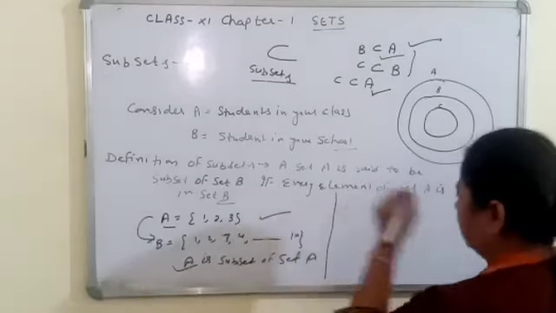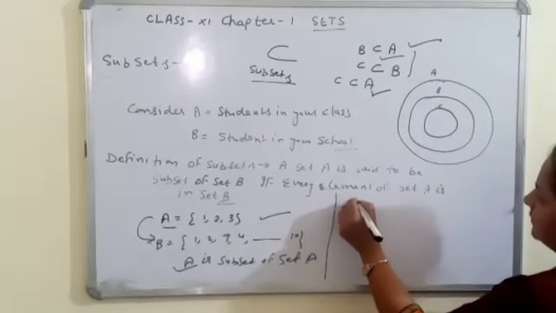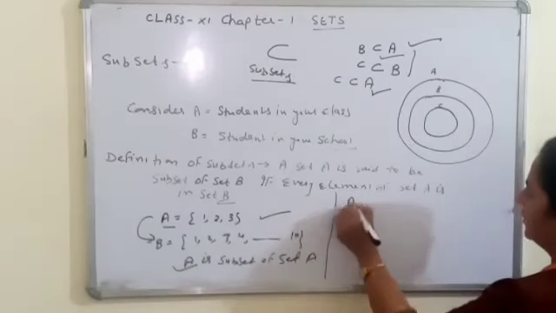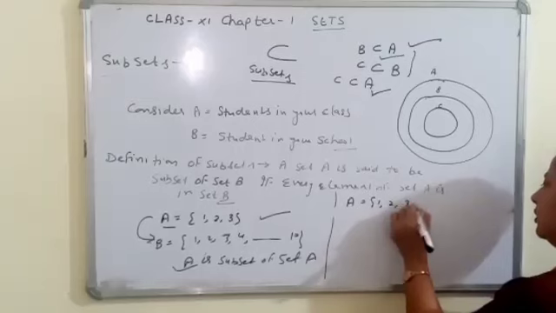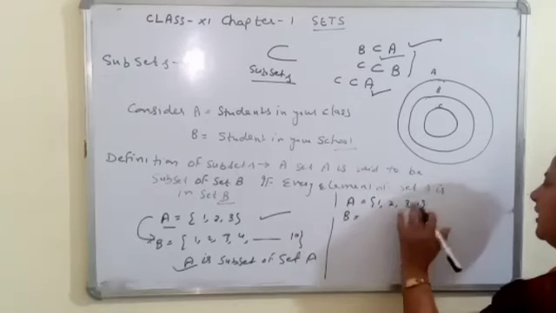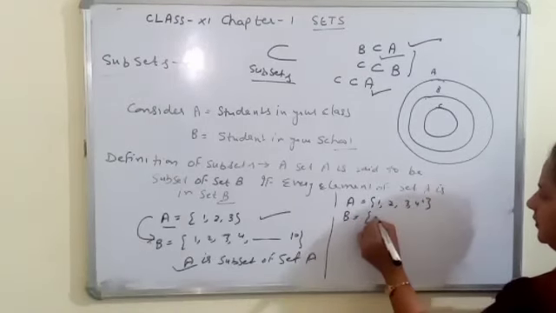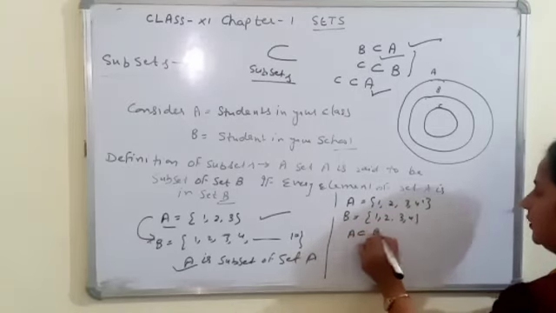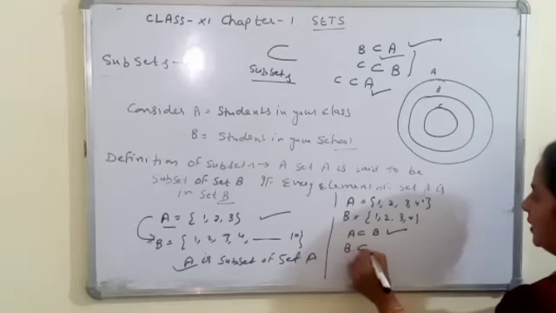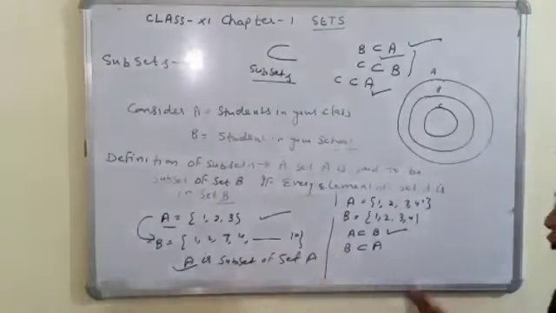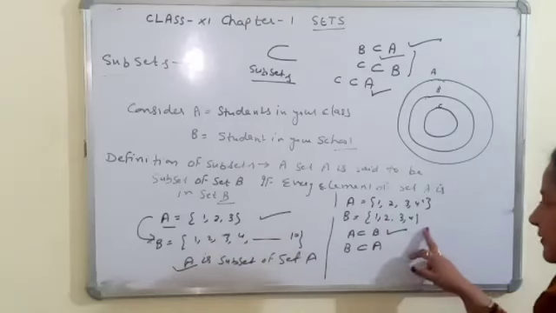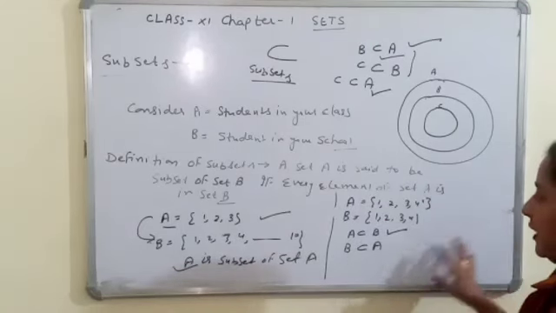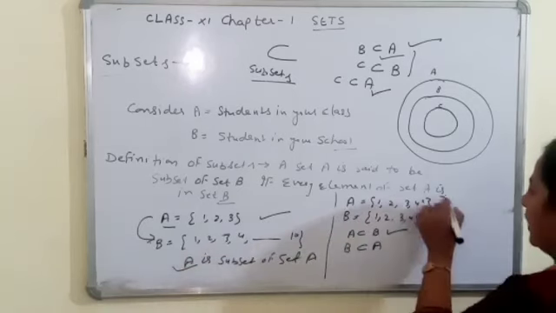Now let's take one more example. Suppose A is a subset of B. Here I am writing two sets. Set A is {1, 2, 3, 4}, and there is another set B, also {1, 2, 3, 4}. Here we can say A is a subset of set B. Also B is a subset of set A, because all the elements of set A are present in set B and all the elements of set B are in set A. So here we can say these two are equal.